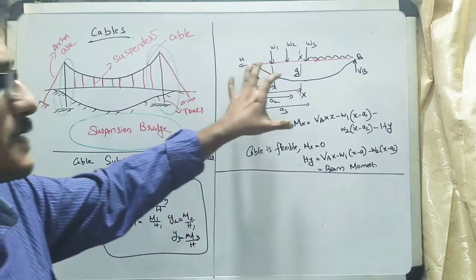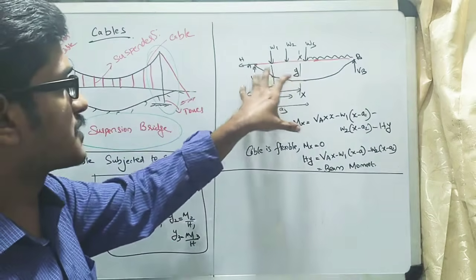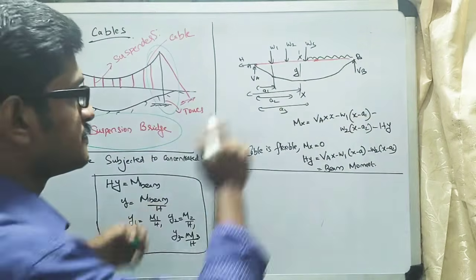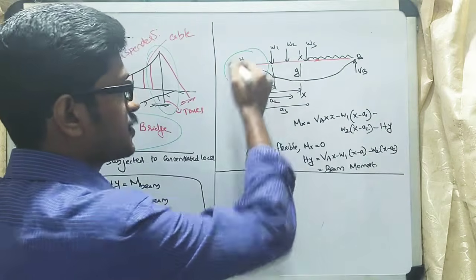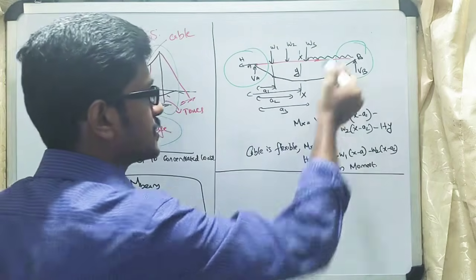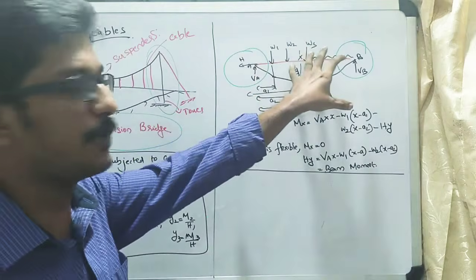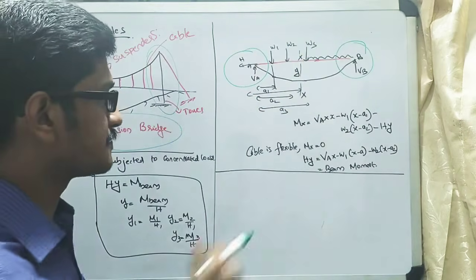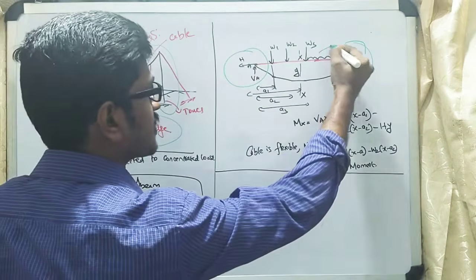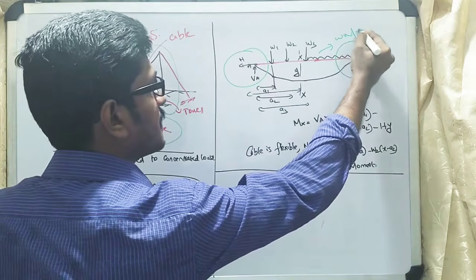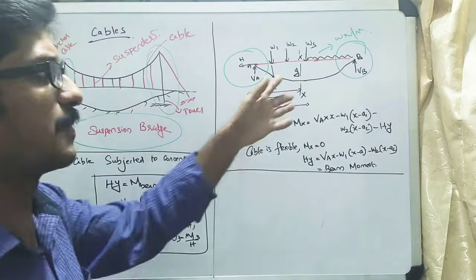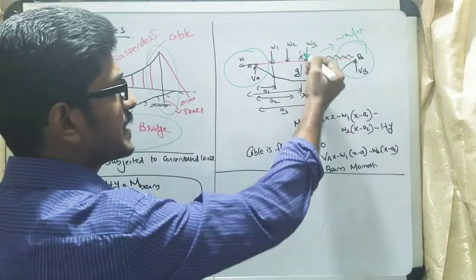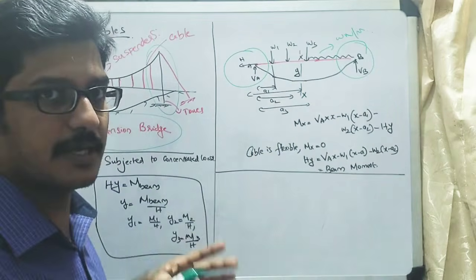So, please listen. Let us assume this cable is supported at two ends, and some loads W1, W2 and W3 are applied here, and here a UDL of W Newton per meter is also there. Let us imagine. And here we are going to consider a section X. Listen very carefully.